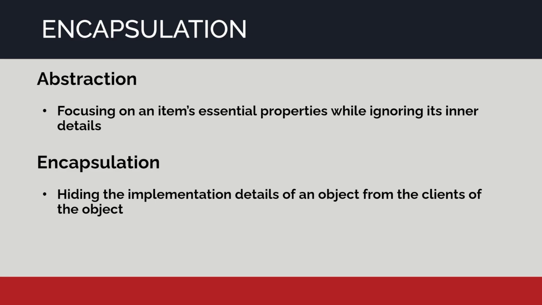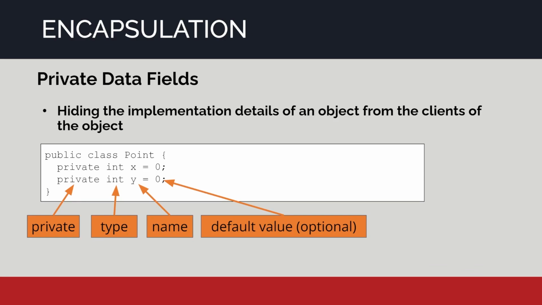And encapsulation is when you hide the implementation details of an object from the clients of the object. So, in order to encapsulate stuff, we generally make it private. Up until this point, when we've been declaring methods and classes, we've been using the public keyword. And that has implied that there are things that could be not public. And that's true. There are things that can be private.